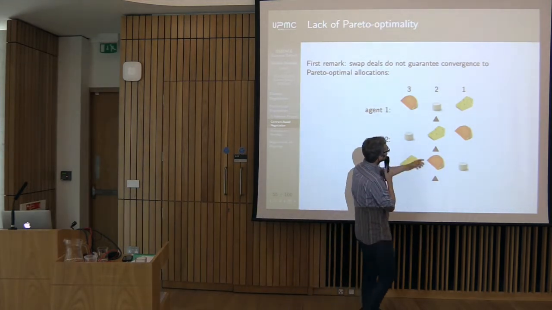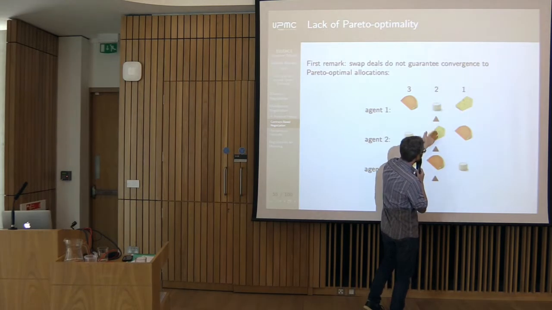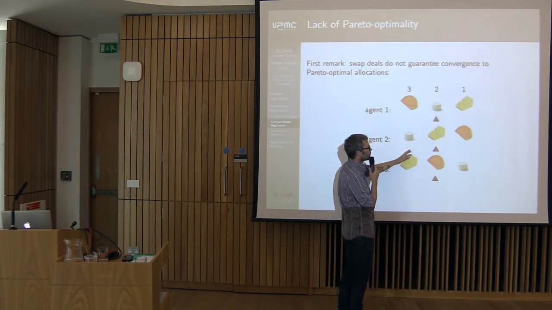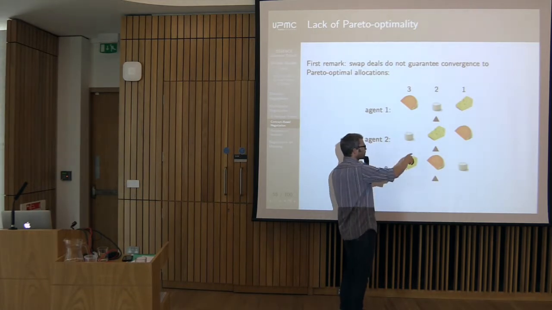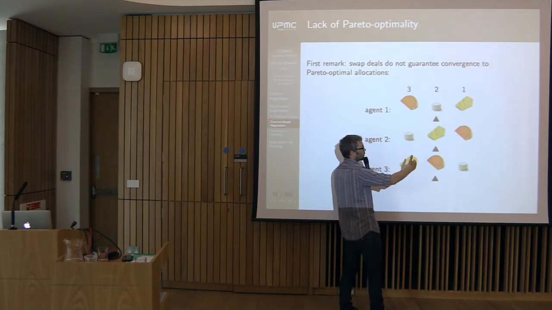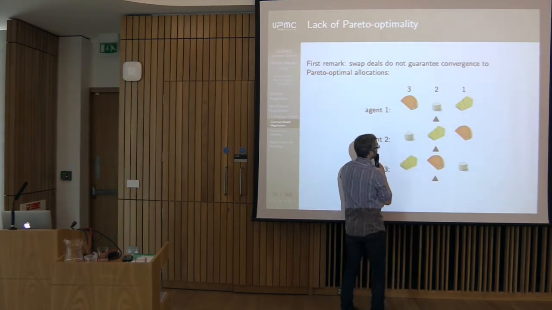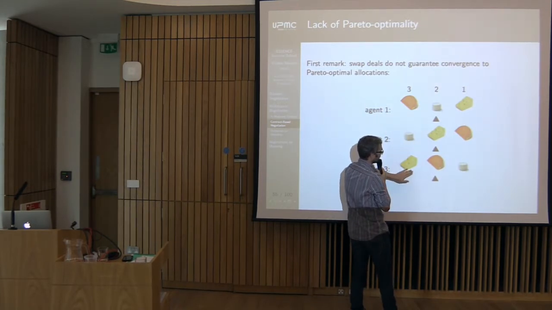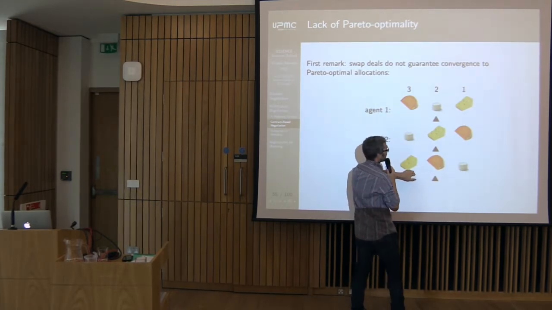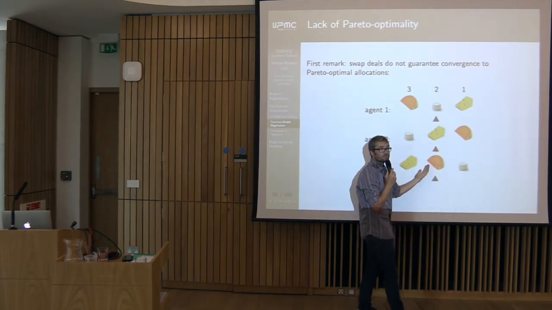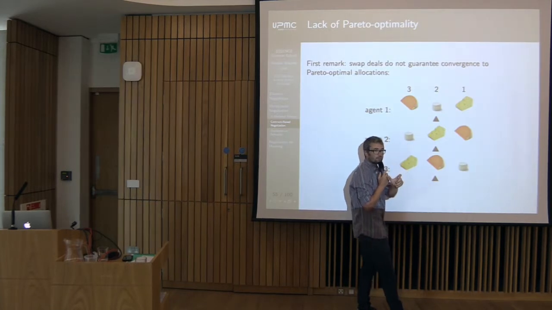Here you could have this situation, and there's no way that you can improve with only 2 agents, but you could have a contract involving the 3 agents, which would take you to this allocation, which is better for everyone. Mimolette, goat cheese, Gruyère, whereas this one is Pareto dominated, but it's stable if you just restrict yourself to swap deals.